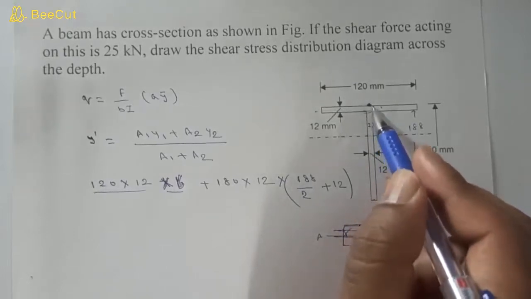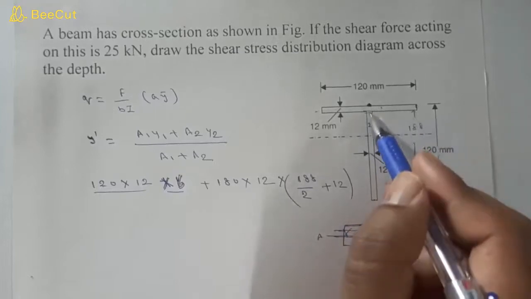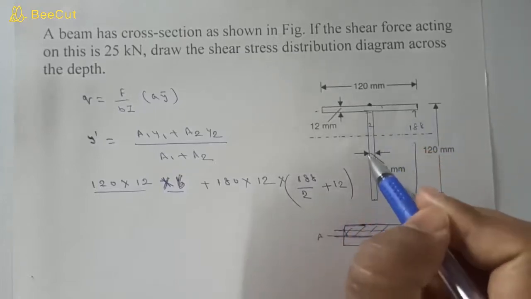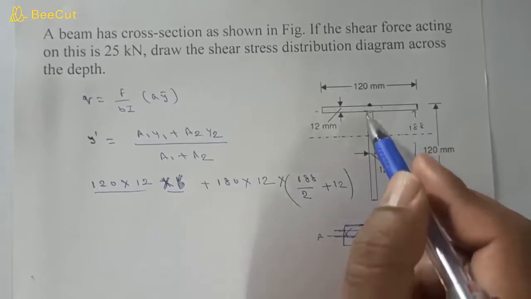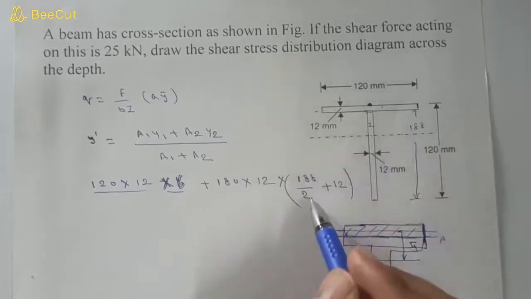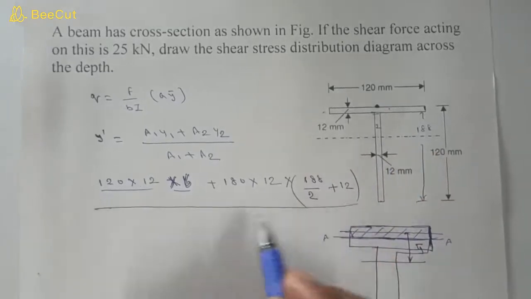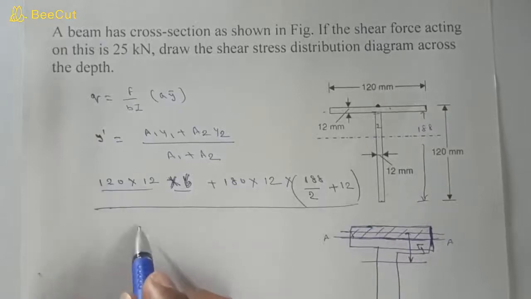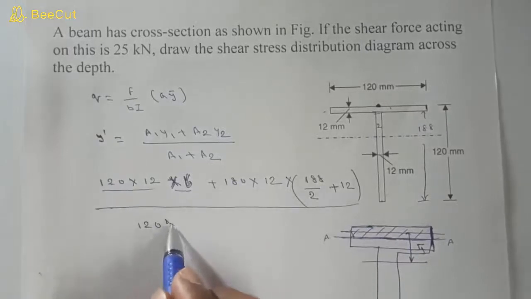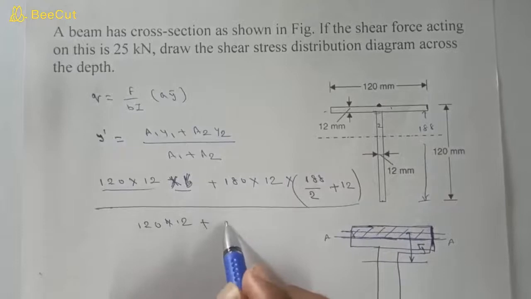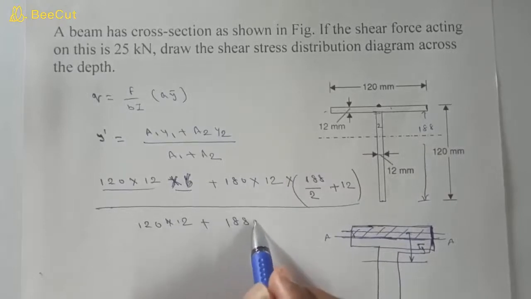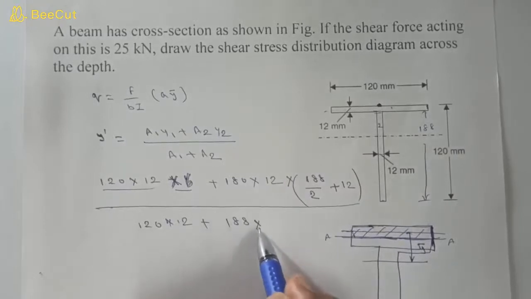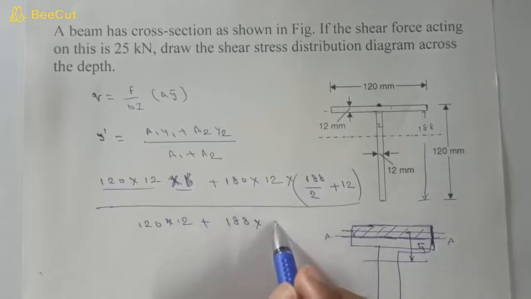So from the origin this is 12 plus 108 by 2. Now a1 y1 over a1 plus a2: a1 we have already calculated, 120 into 12 plus 108 into 12.